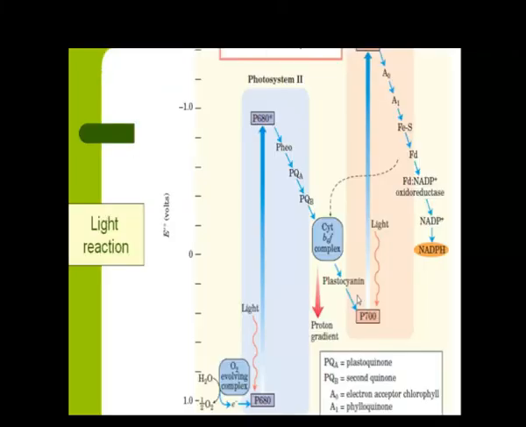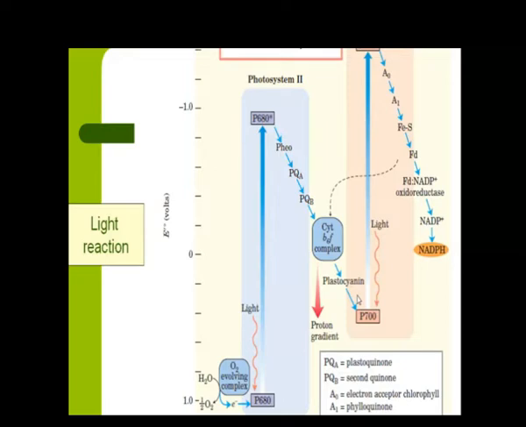Now, this is what happens in normal eukaryotic vascular plants. You can't see this properly. The first is P680. P680 is PS2, photosystem 2. P700 is photosystem 1.